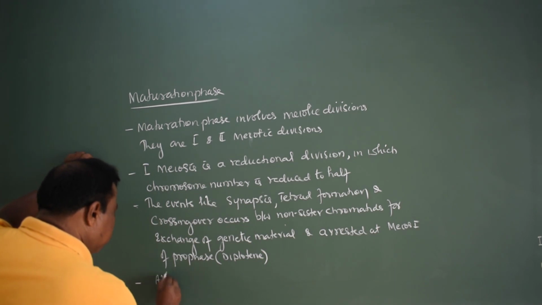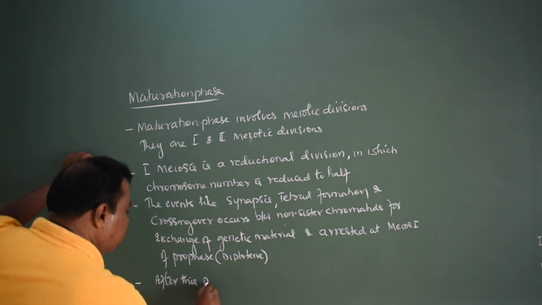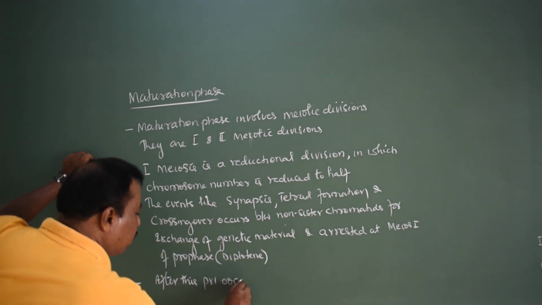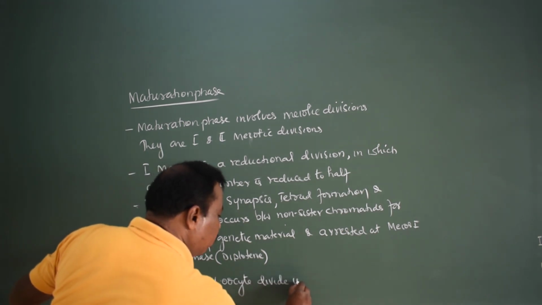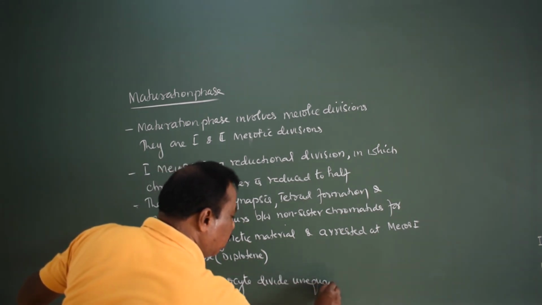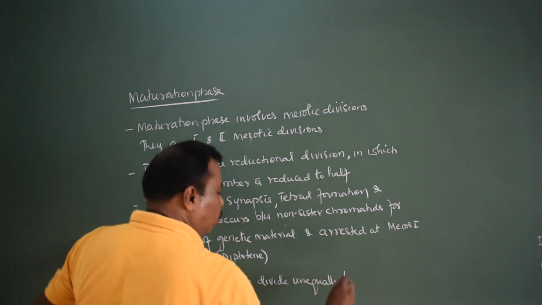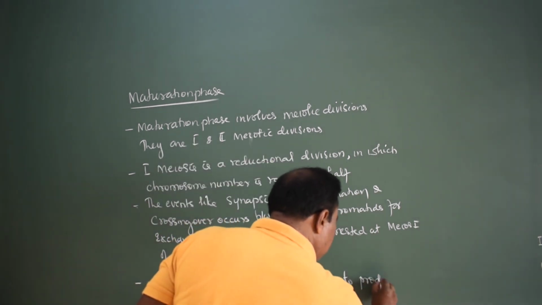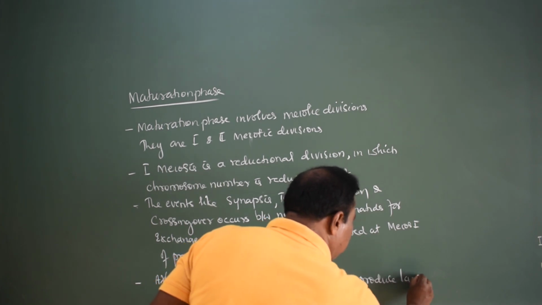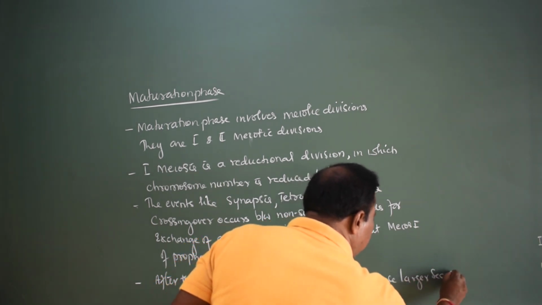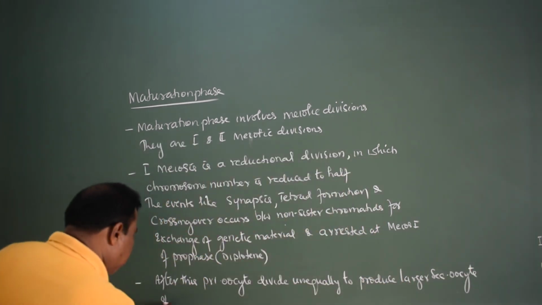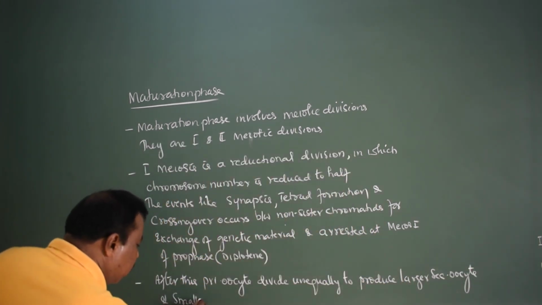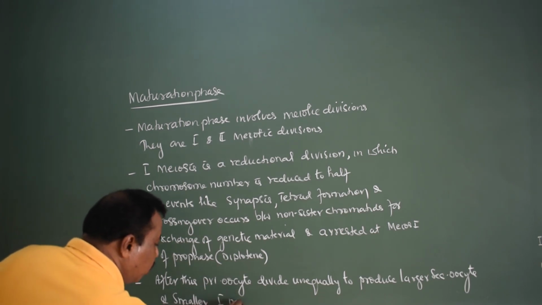After this the primary oocyte divides unequally to produce a larger secondary oocyte and a smaller first polar body.